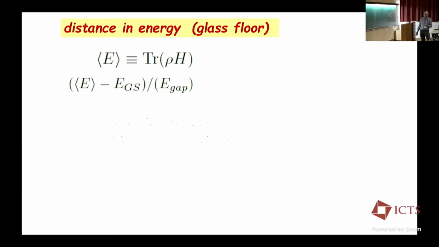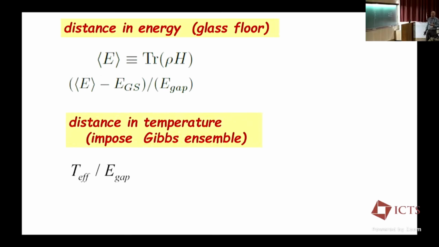And the third option is to do the following. I do my steering on the unsteerable state. I'm really stupid. I try to steer my state to the unsteerable state, and I do it for a very long time. Eventually, I cannot get any closer. So I'll get components in the true ground state, but first excited state, second excited state, and so on.